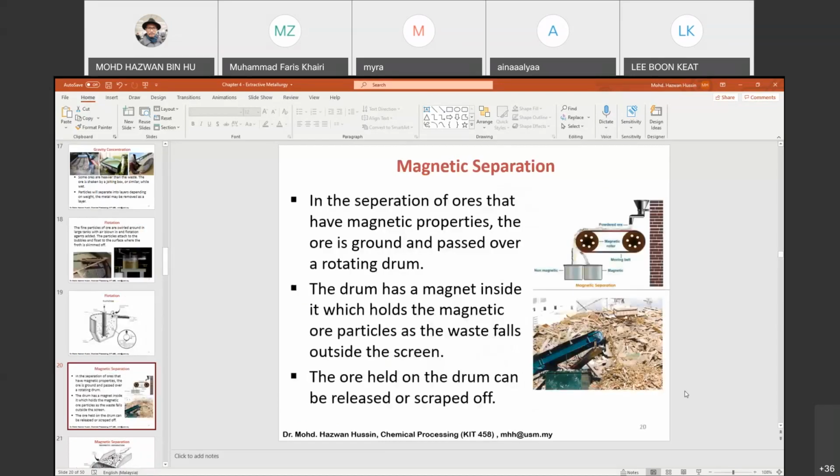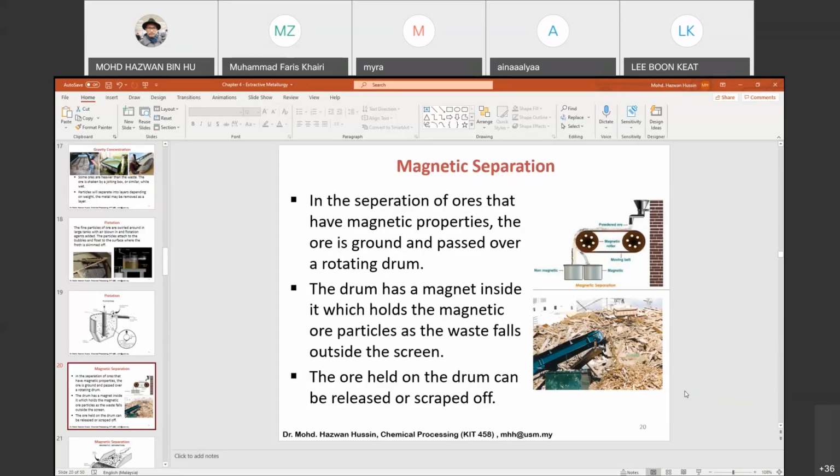Another method is magnetic separation. This is basically for materials that have magnetic properties. Some minerals may have permanent magnet properties, for example ferromagnetic or ferrimagnetic materials. In the separation of ore that has magnetic properties, the ore is ground and passed over a rotating drum.